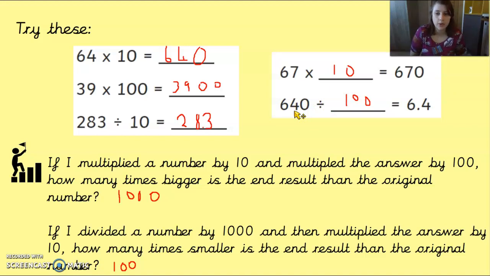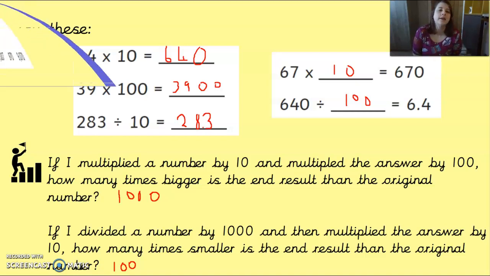If you had a go at the challenge one, so if I multiplied a number by 10 and then multiplied that answer by 100, it would be 1,000 times bigger. And if I divided a number by 1,000 but then multiplied the answer by 10, it would be 100 times smaller in the end. So hopefully you managed to get those ones right.